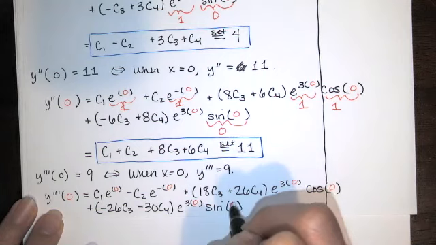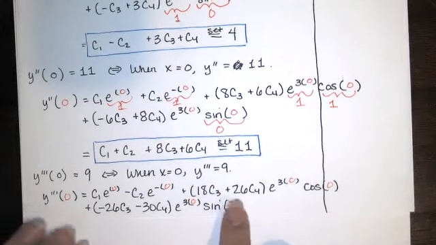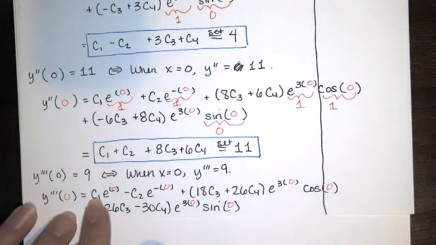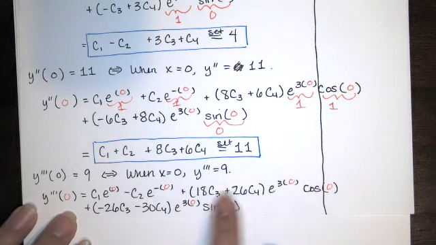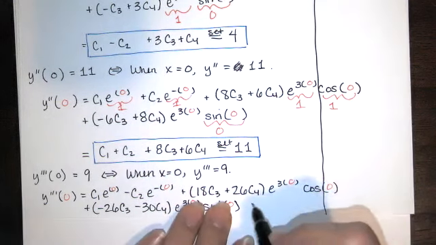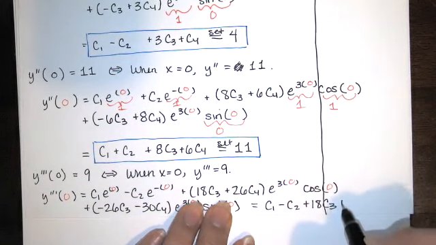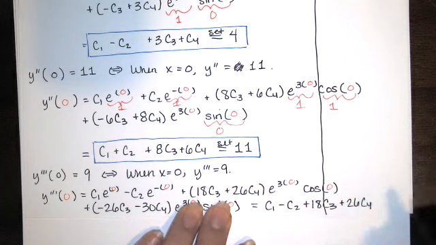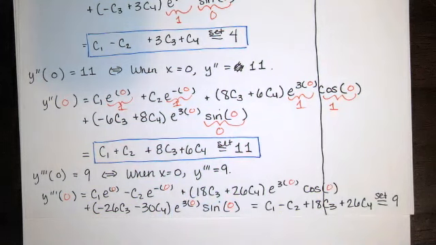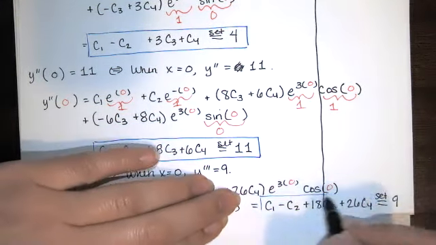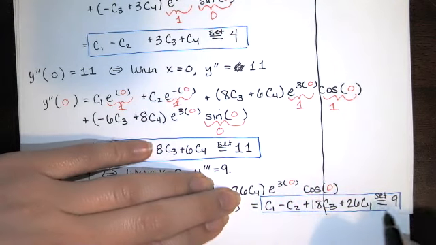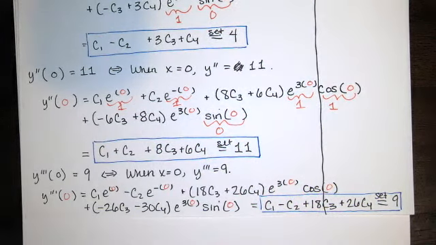Because sine of 0 is 0, this factor is gone. We're going to end up with C1 minus C2 plus this expression. And we're setting that equal to 9 and solving from there. So finally we've got our 4 equations with 4 unknowns, and we're going to solve that system for C1, C2, C3, and C4.